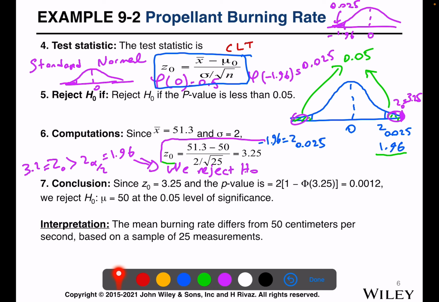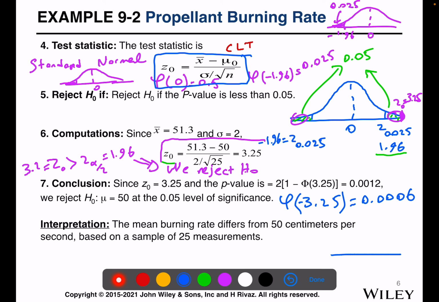phi of minus 3.25 is 0.0006, right? So what does that mean?